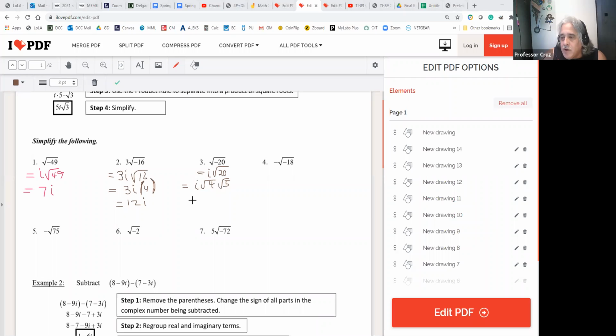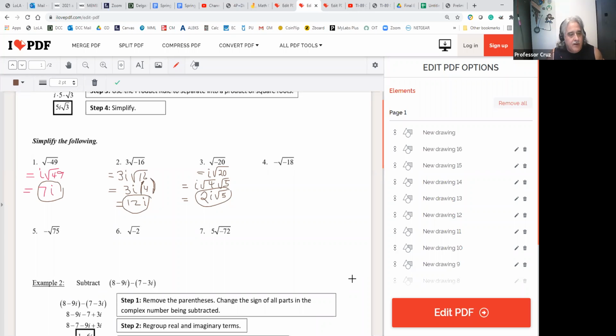So what does this end up being? The square root of 4 is 2. So it's 2i square root of 5. The negative on the outside has nothing to do with the negative on the inside.